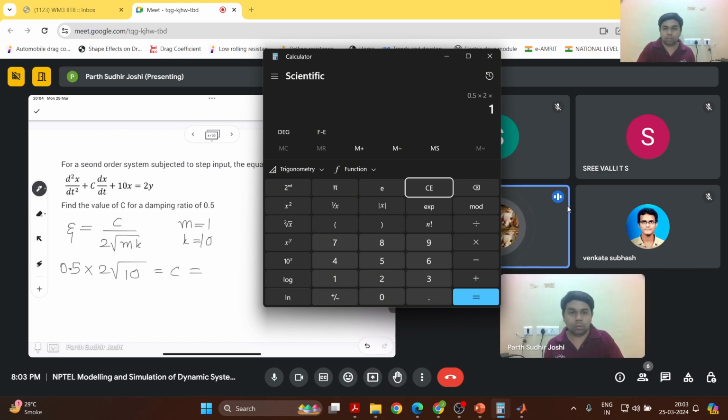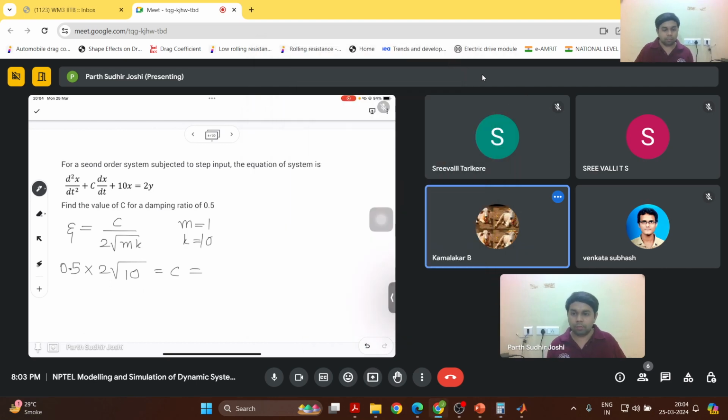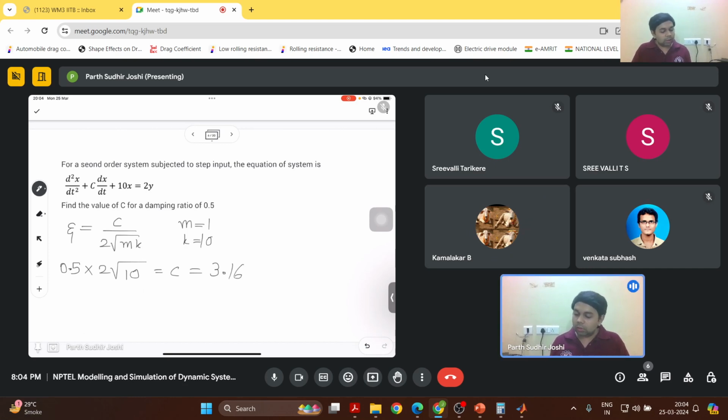Square root of 10 is some 3.16. 0.5 into... So it comes out to about 3.16, right? 3.16. Yeah, exactly.